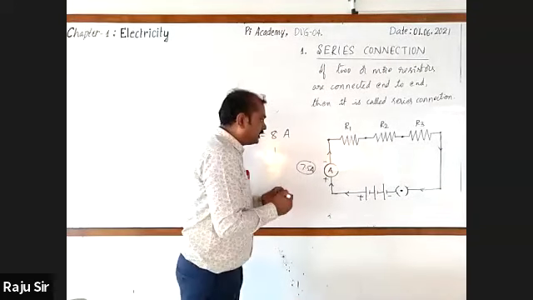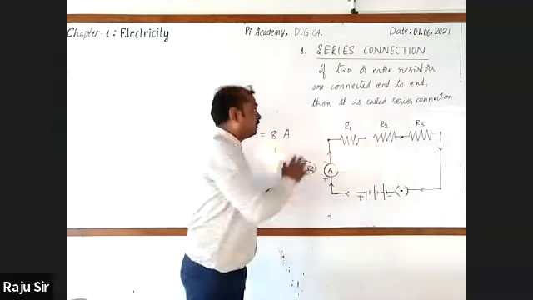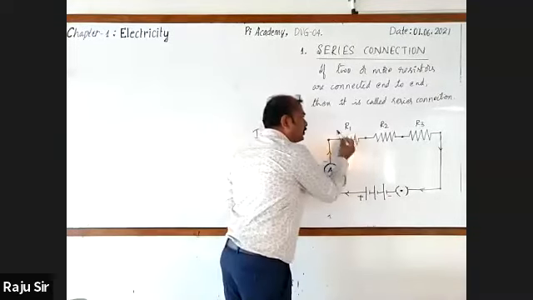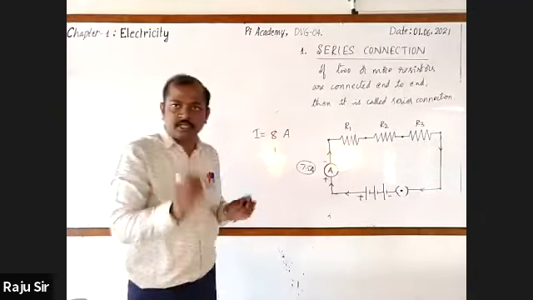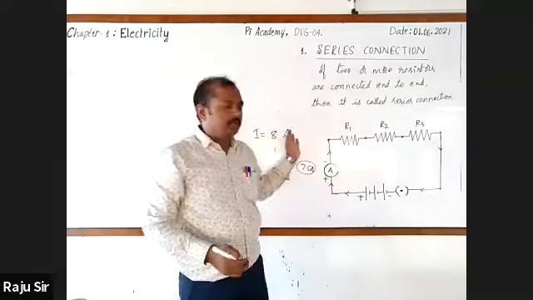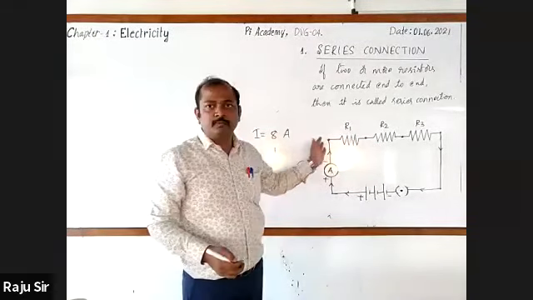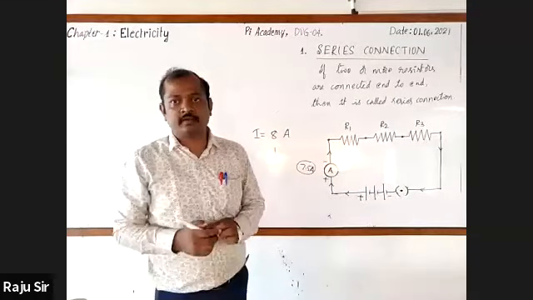Once the electric current is constituted after connecting the resistors in series, the same amount of current flows through R1, R2 and R3. The same amount of electric current flows through each and every resistor.